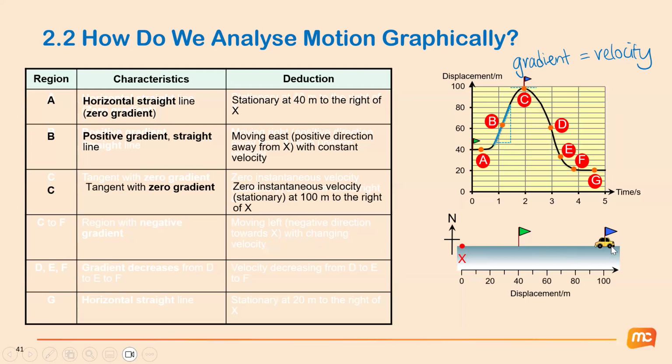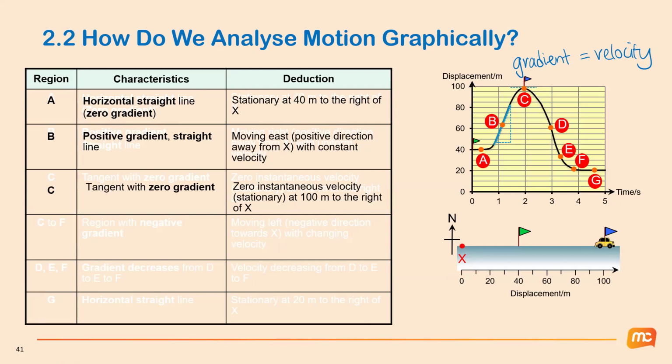Next, we go from C to F. Take note that now from C to F, my gradient becomes negative. So if I have a negative gradient, it means that I have a negative velocity. And you have learned in the previous part, velocity is a vector, there is positive and negative.